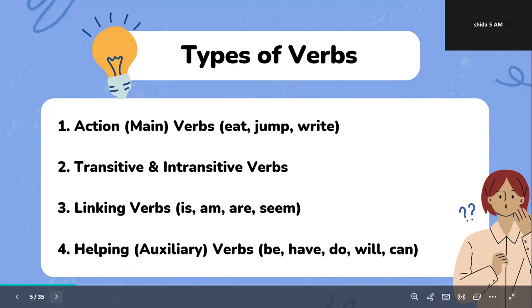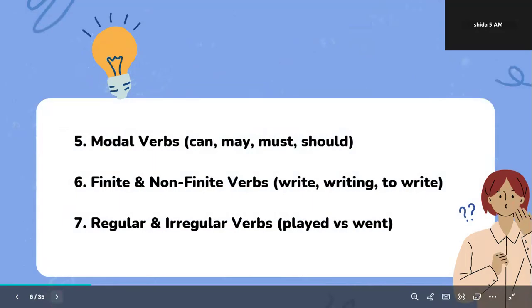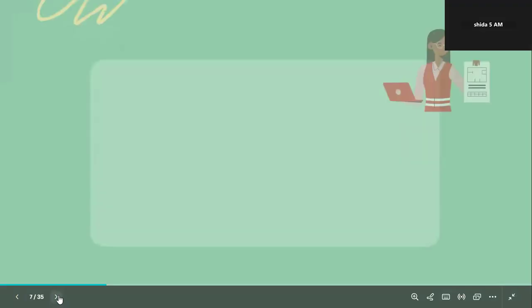Fourth one is helping or auxiliary verbs: be, have, do, will, can. You already know that. The fifth one is modal verbs like can, may, must, should. Sixth one is finite and non-finite verbs like write, writing, to write. Seventh one is regular and irregular verbs. So these are basically the types of verbs.